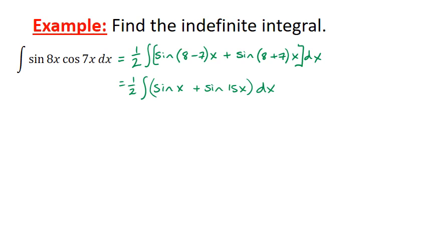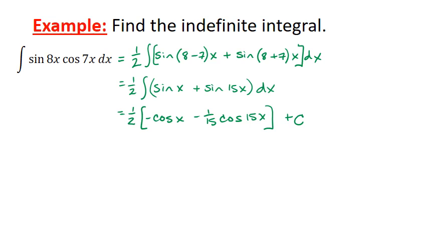So I'm really integrating this and then integrating this, and when I do that, I have 1/2 times negative cosine of x minus 1/15 cosine of 15x plus c.